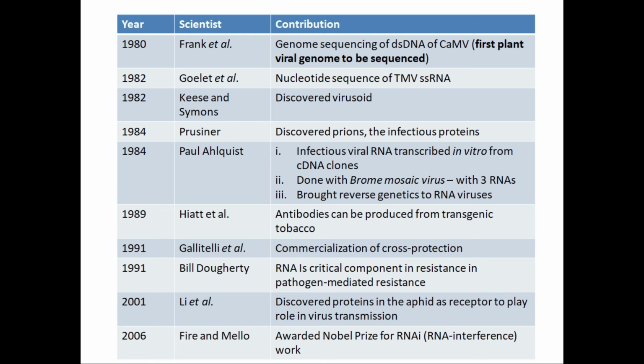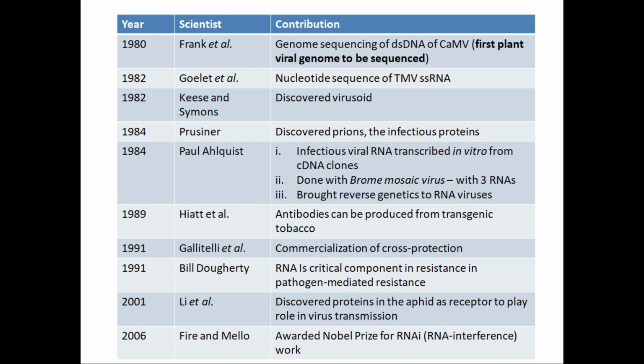Then virusoids were discovered. Prions were discovered. Prions are nothing but infectious proteins which are known to cause diseases in animals only.